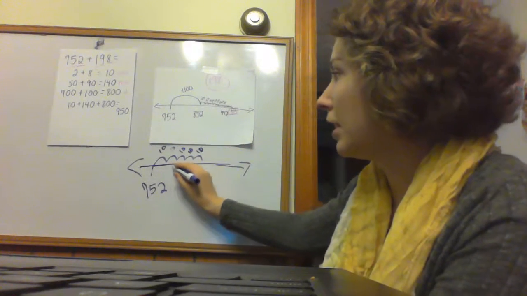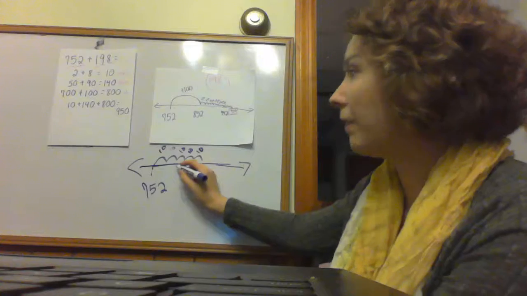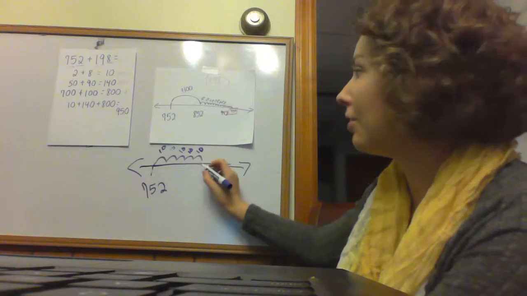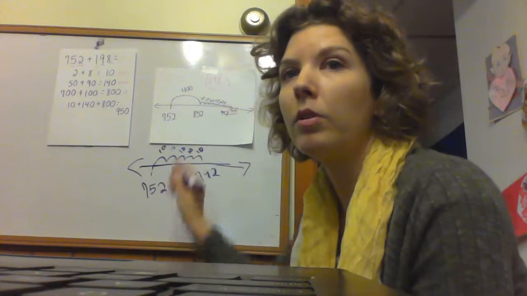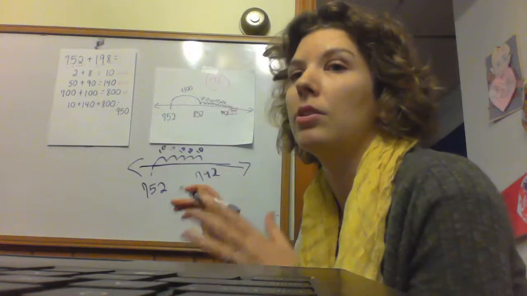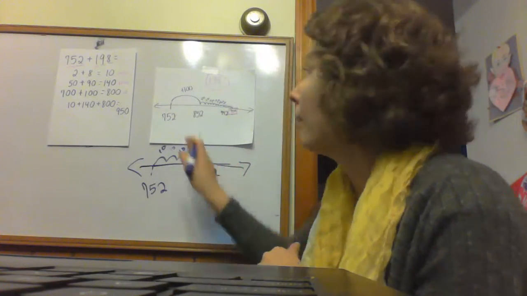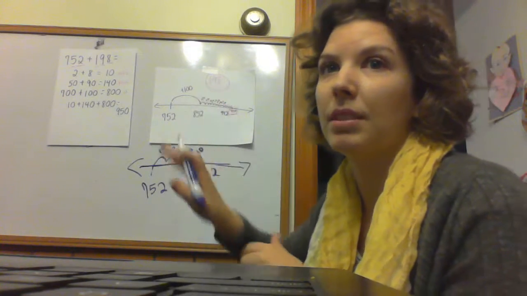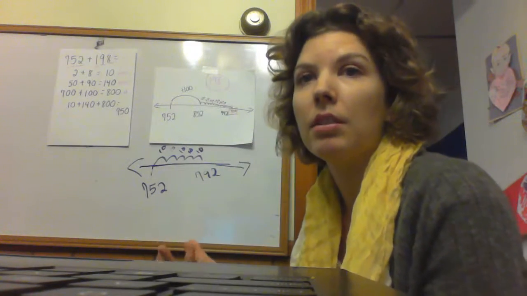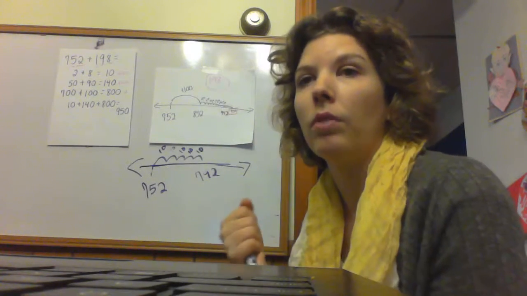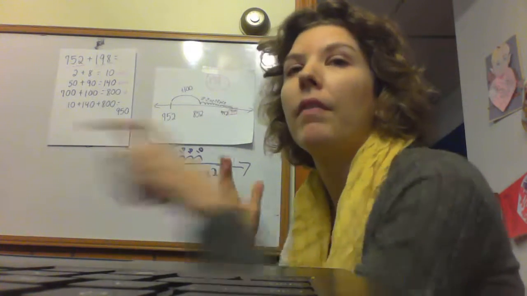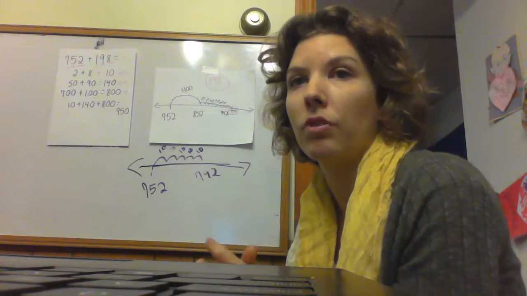So that's 762, 772, 782, 792. Okay, you could jump with ones. One jump 198 times. That's less efficient. It takes more time, but it is possible, and you could arrive at the correct answer of 950.